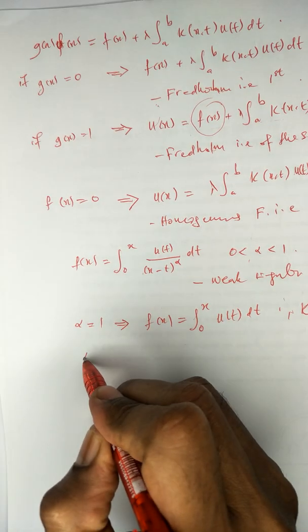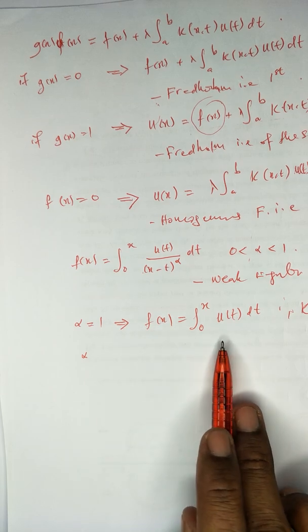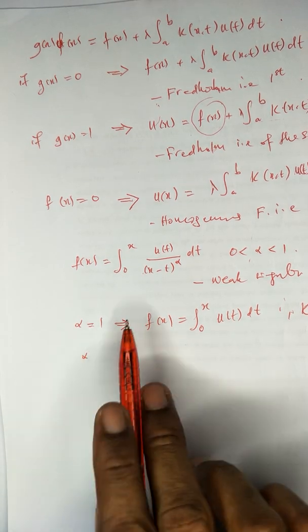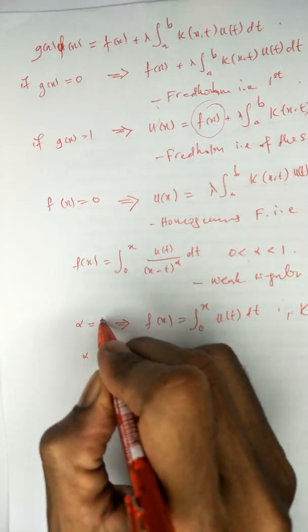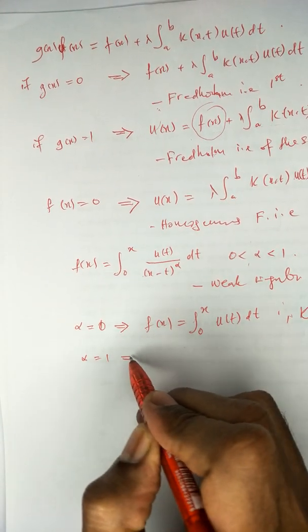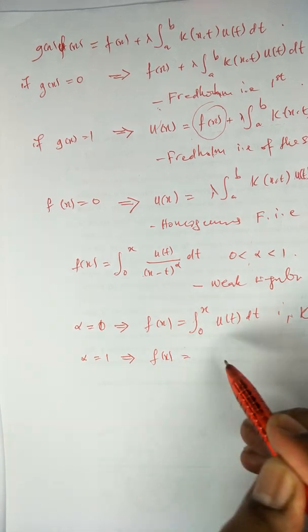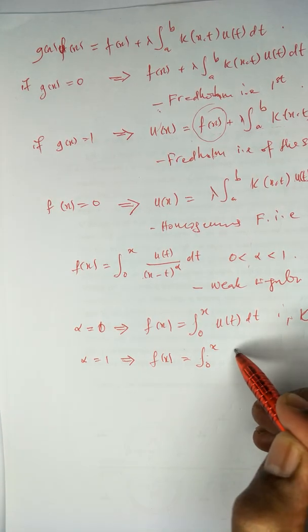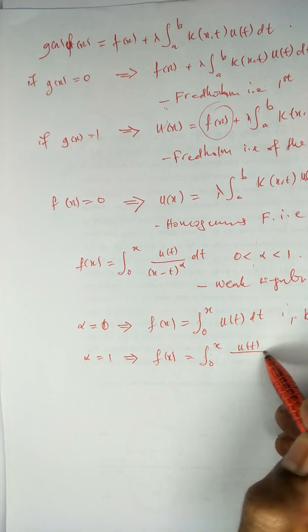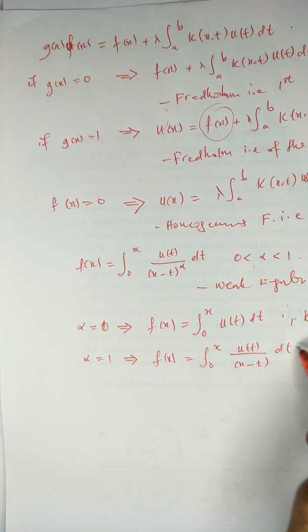And if alpha equals 1, we have f(x) equal to the integral from 0 to x of u(t) over (x minus t) dt.